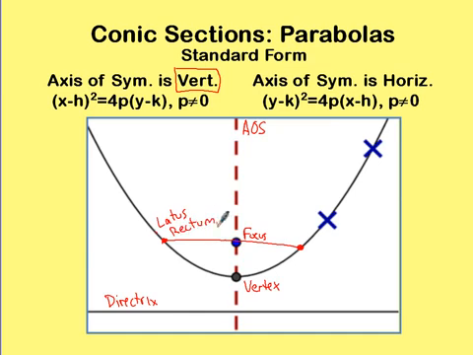Alright, and one of the properties about parabolas, or how you would draw them, is the distance from the focus to any point on the parabola is the same distance from that point to the directrix. So those would be the same distances.